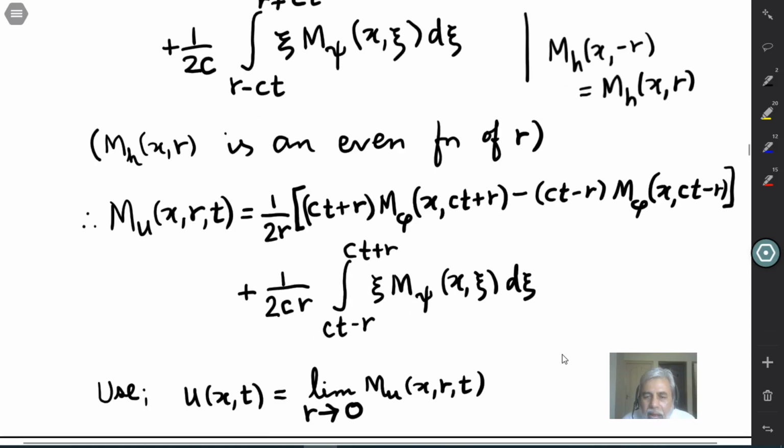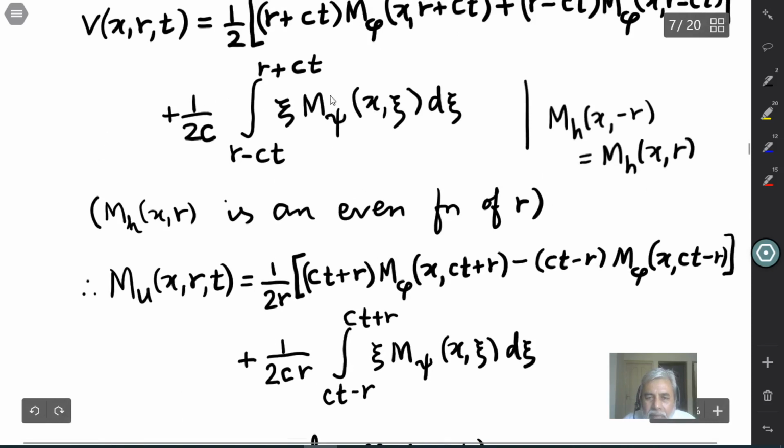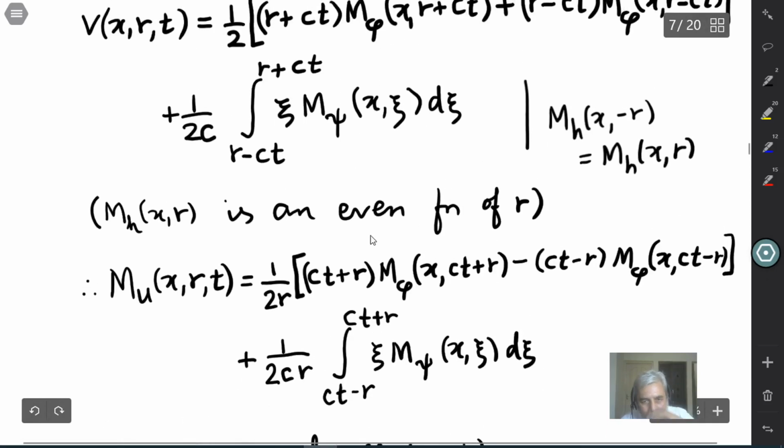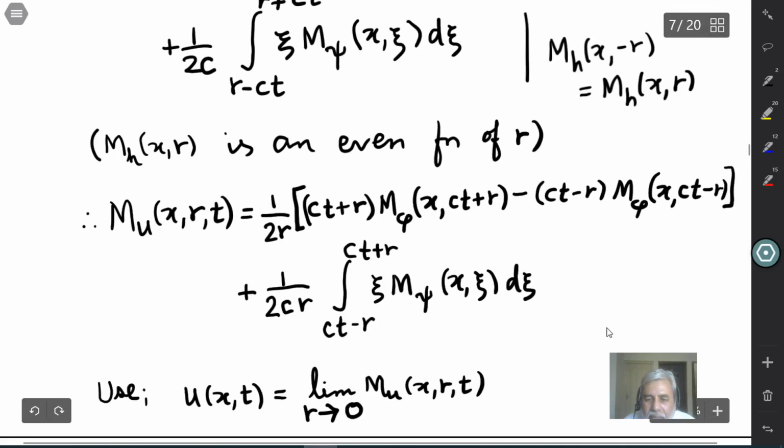Okay, and again the same thing. This is an even function, and we are multiplying by an odd function xi, so this whole thing is again an odd function. So if you substitute and do some work, we can replace r minus ct by ct minus r.